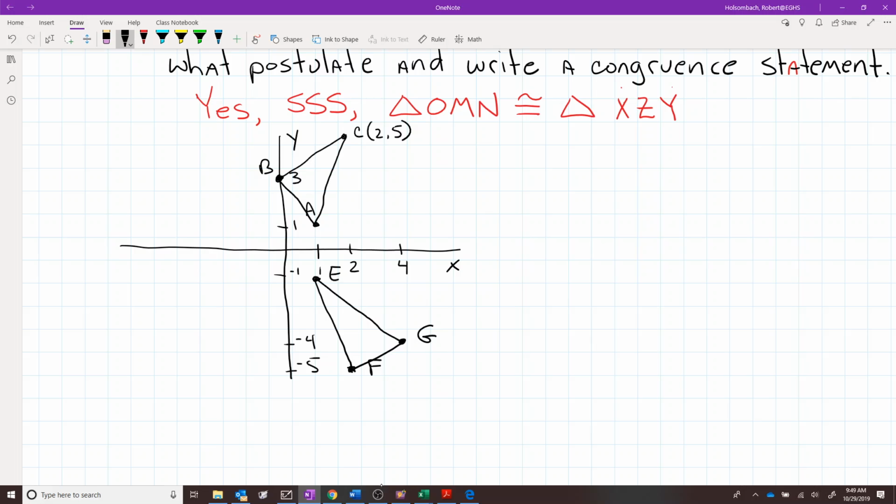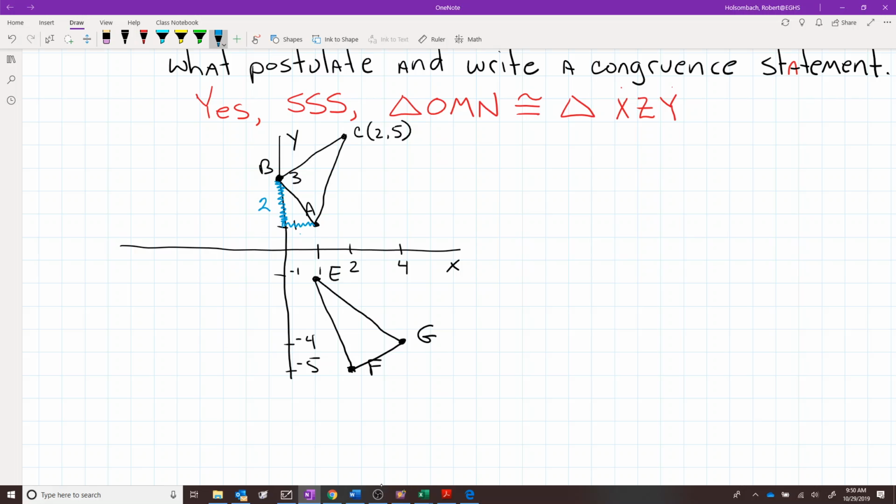So if you start right here, I'm going to start with side AB, and I'm going to turn this into a right triangle by putting in a vertical side and a horizontal side. The length of this vertical side goes from 1 on the y-axis to 3 on the y-axis. So that side length is 2. This horizontal leg goes from 0 to 1.